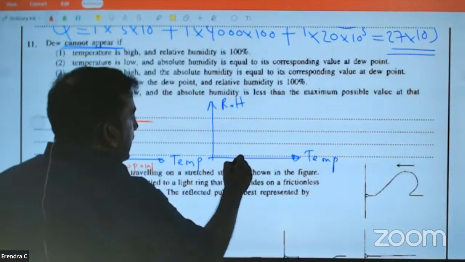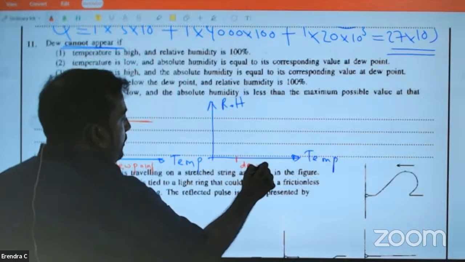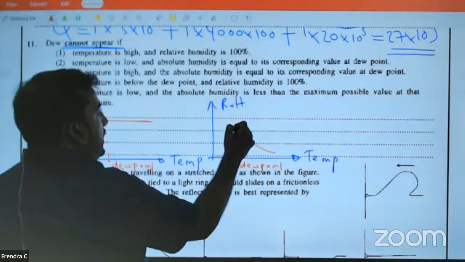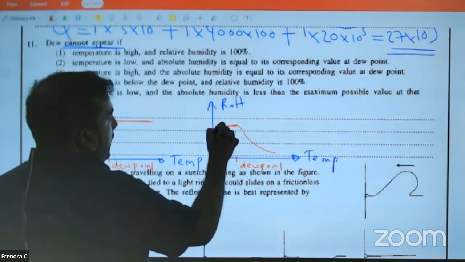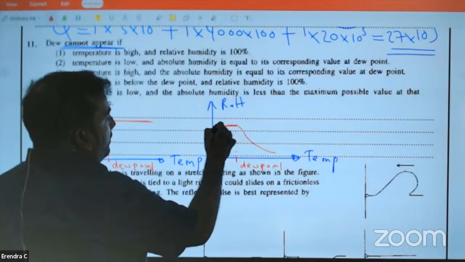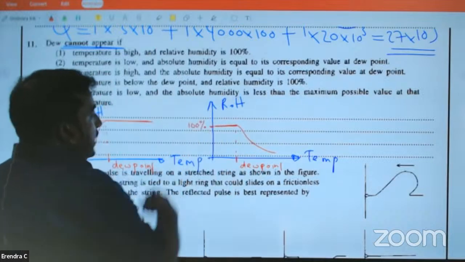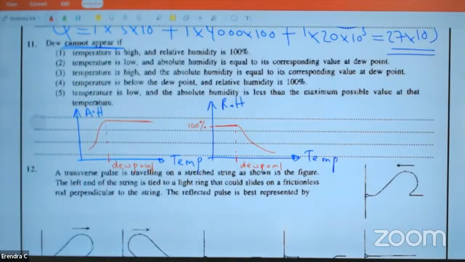If you take RH, up to the dew point, if you reduce temperature, RH will increase. At the dew point onwards, relative humidity is 100%. Right. Read now.